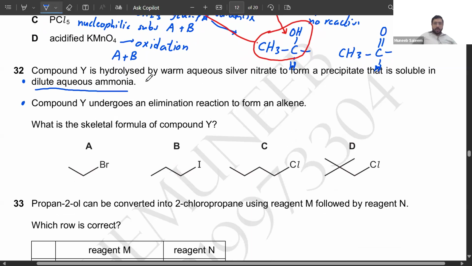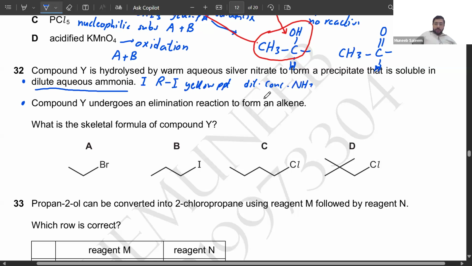We remember that if it is an iodoalkane bonded with iodine, then it will produce a yellow precipitate, and that cannot be dissolved by dilute or concentrated ammonia.